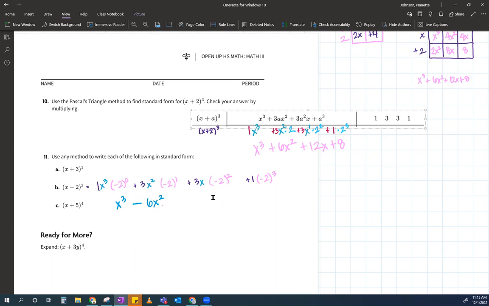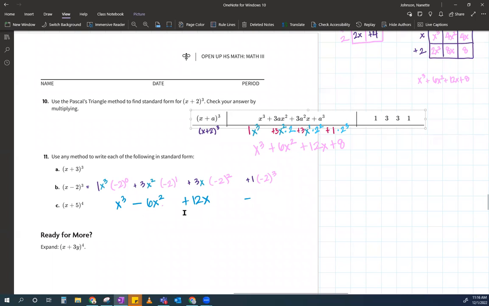Some people are putting some stuff in the chat. I'm going to slow it down for you. -2 squared is +4. +4 times 3x would be 12x. And then your last term, because you already did this, you were like, oh, yeah, this makes sense. It's -8.